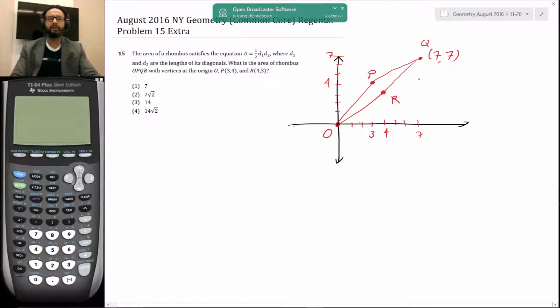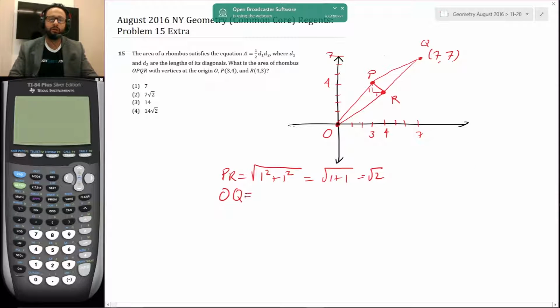So now how do I get the diagonal lengths? It's actually not that bad. This length has length down 1 and over 1. So PR is equal to the square root, by the Pythagorean theorem, of 1 squared plus 1 squared, which is the square root of 1 plus 1, equals the square root of 2. Okay?